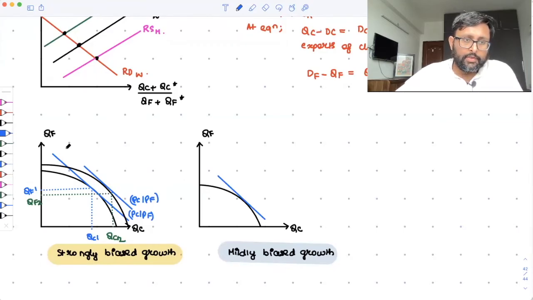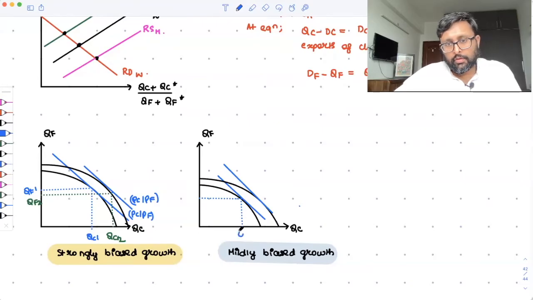And what happens is your growth has occurred. With growth, what has occurred is this. Let me just mark the initial points, QC1, QF1.